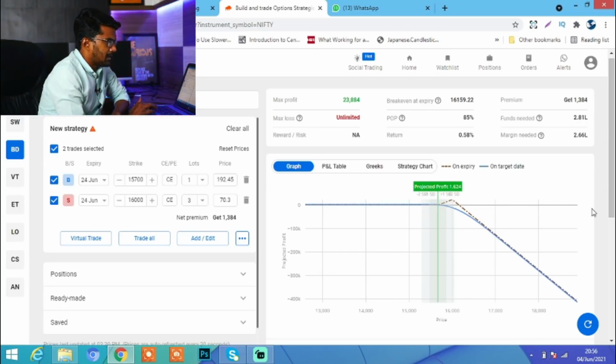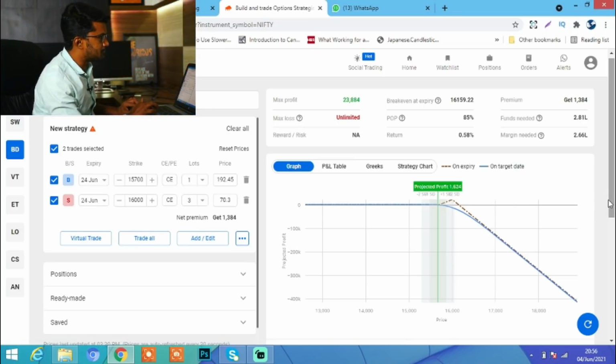But since your perspective is that 16,000 is going to be a good resistance, you don't expect the market to go above 16,000. That's why you have constructed this ratio spread.